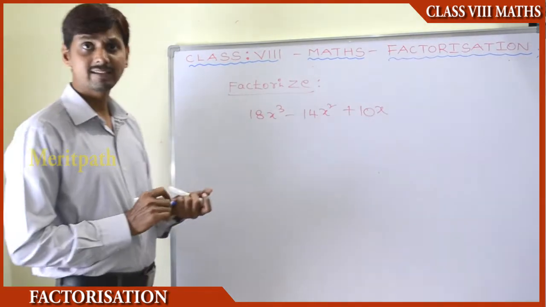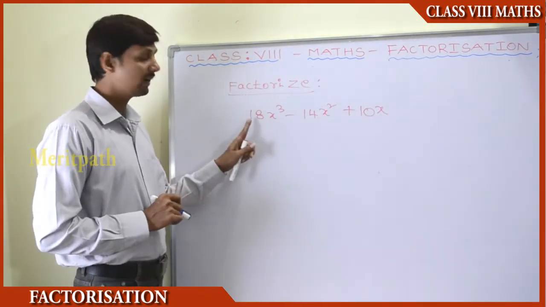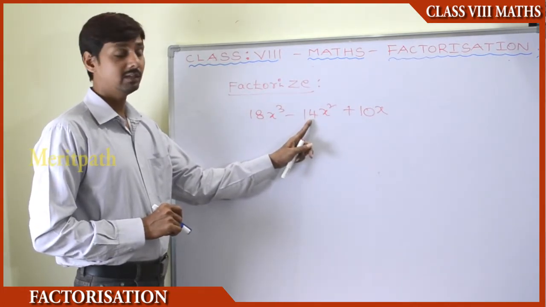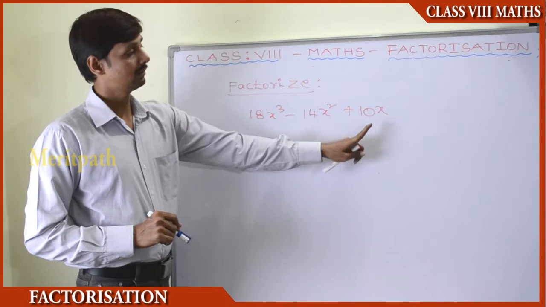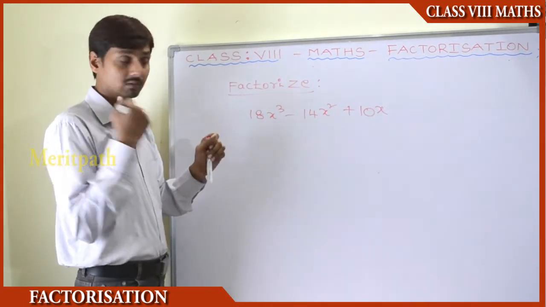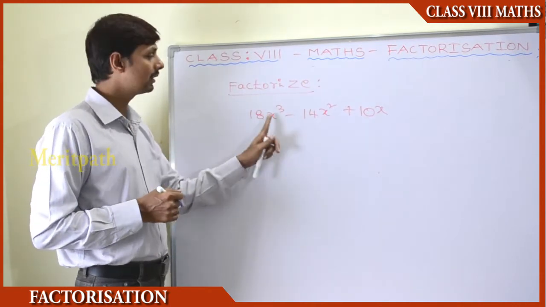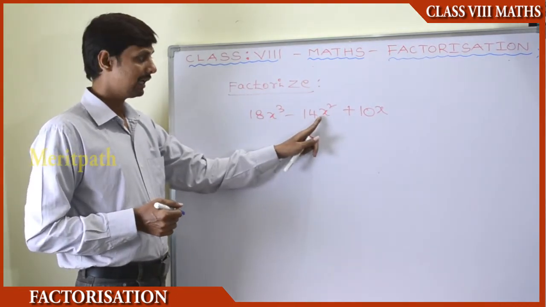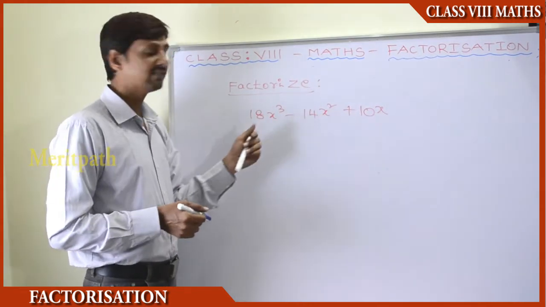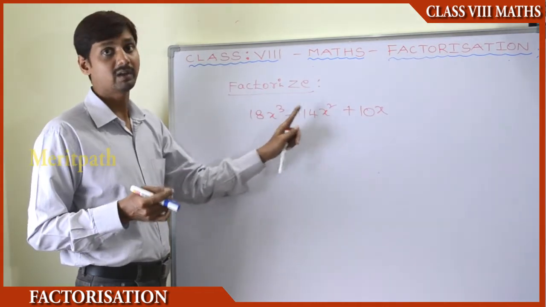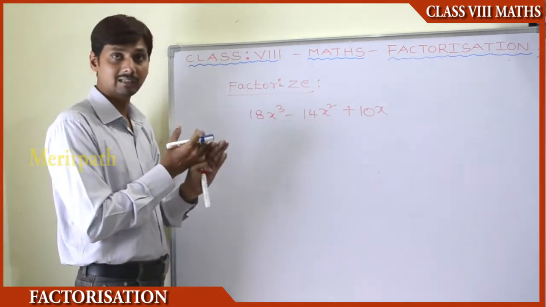To factorize it, first we need to know the prime factors for 18, for 14, and for 10. After finding the prime factors of those numbers, we'll take the factors of x cube, x square and x. After finding the values for the variables also, then we'll write them in those places.